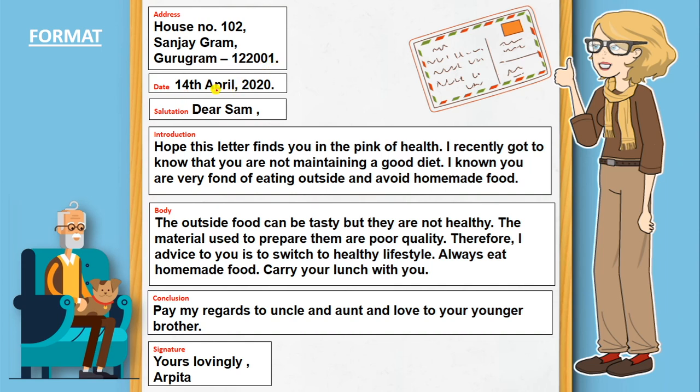The date will be written like this: the day, the month, comma, and year, full stop. Okay, dear, the name of the person, and comma always. And leaving a line is also important because it makes the letter look neat and pretty. So don't worry about the pages being used, just leave the line and write in a neat way.